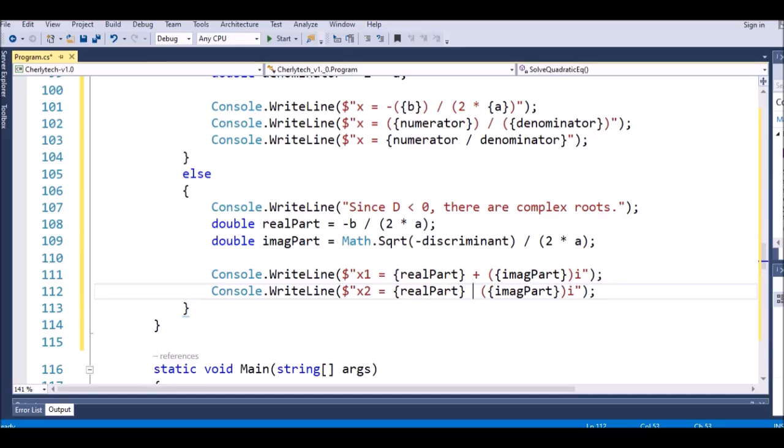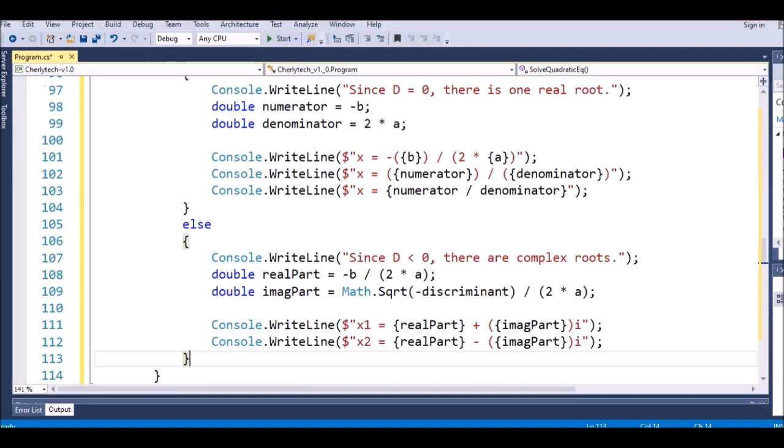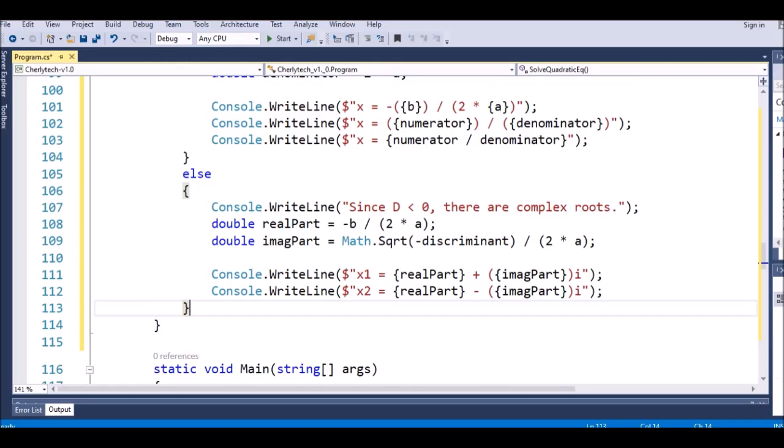Change the plus to minus. So now we complete for the complex root and the real root. So now this means that we end.